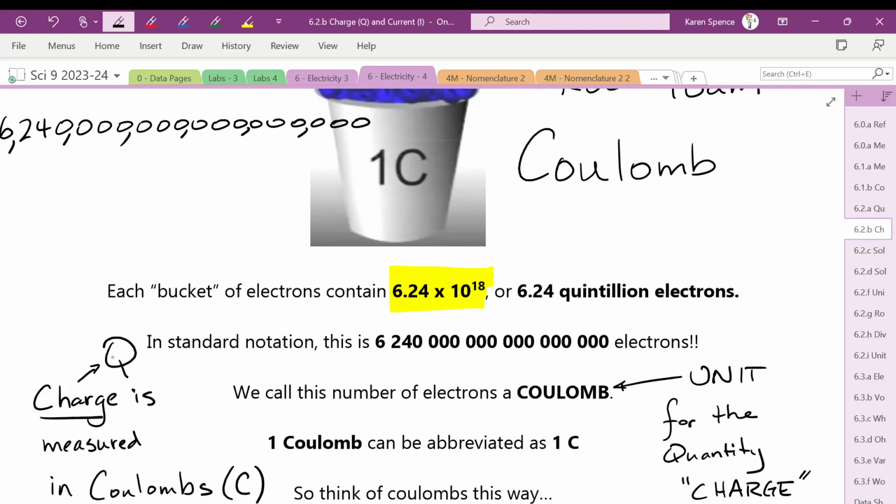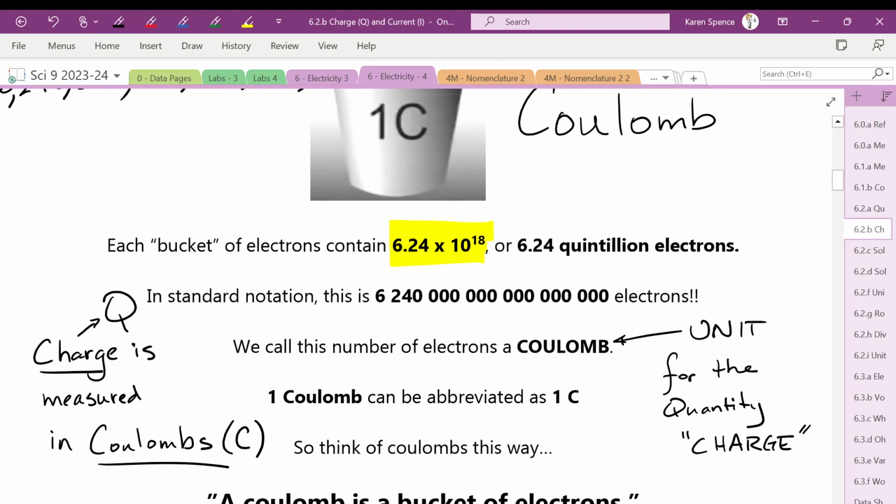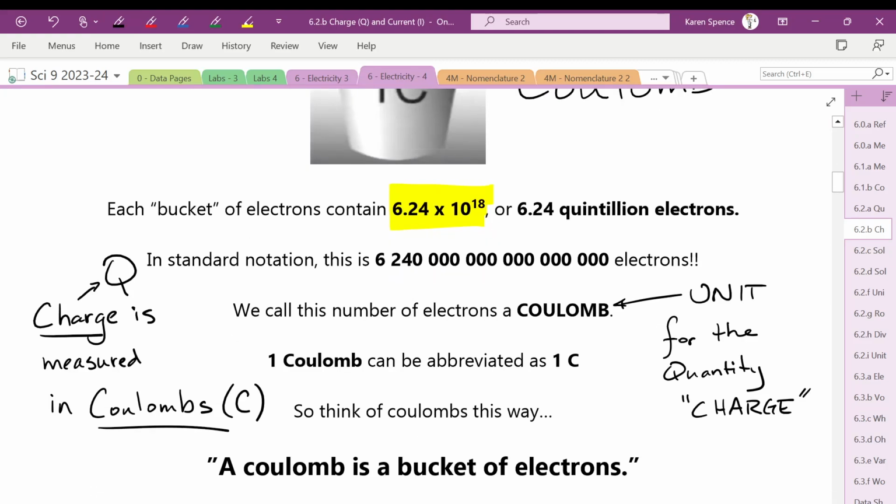So a coulomb is a bucket of electrons. It is a unit for measuring charge. And a coulomb is just a really big number of electrons. And we're going to pretend that we can fit all those electrons into one bucket.